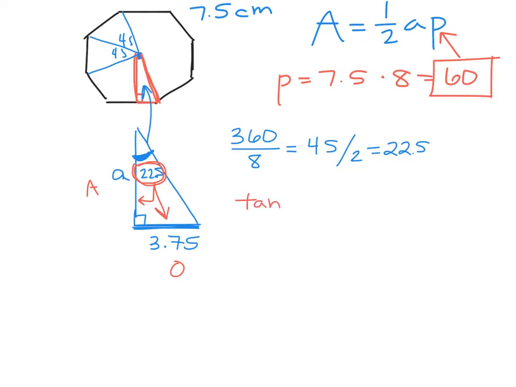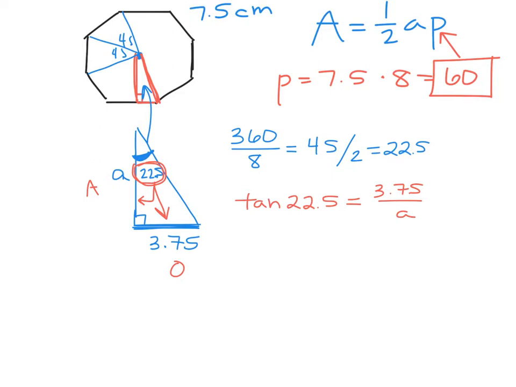Okay, so here's the deal. We're solving for A right now. We're not finding the area yet. We're just finding A. So to find A, we're going to say tan what? What always comes after your trig function? The angle. How many degrees? So tan 22.5 equals opposite 3.75 over adjacent, which is our apothem.